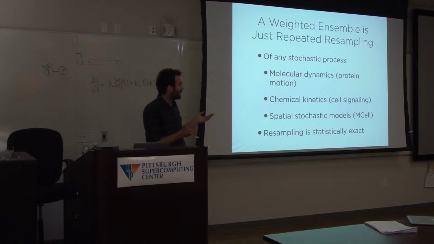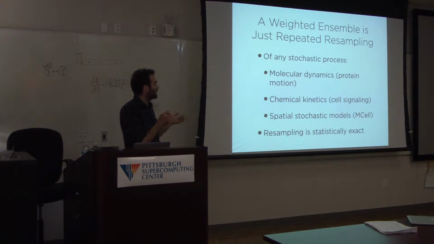It can be any underlying stochastic dynamics. Like I said, this got started with molecular dynamics. We worked on it with the cell signaling models in BioNetGen, and we've been applying it to M-cell models. And so the nice thing about this is that you maintain statistical exactness. You don't have to bias anything ever.